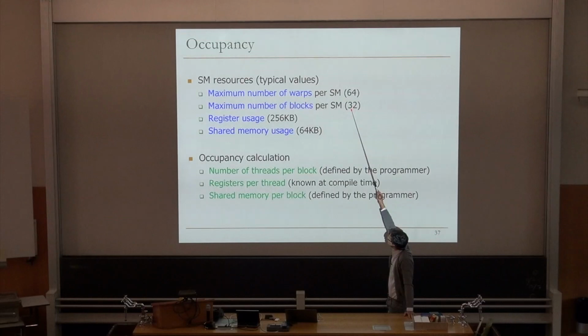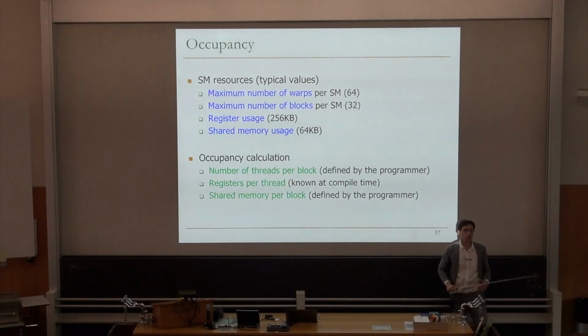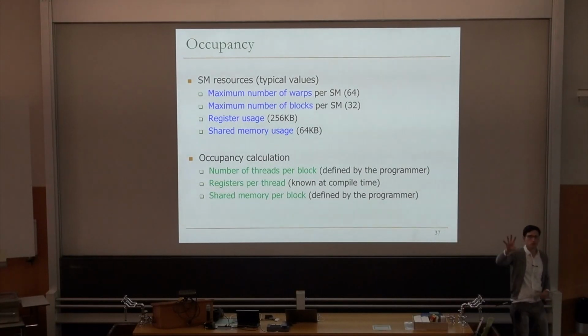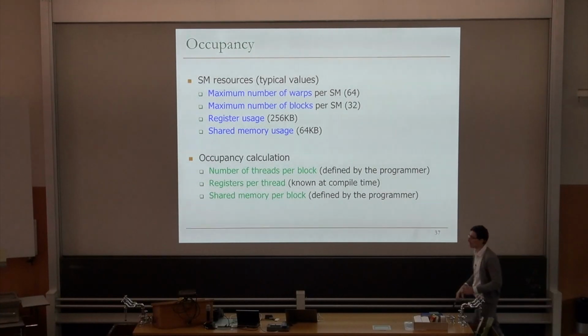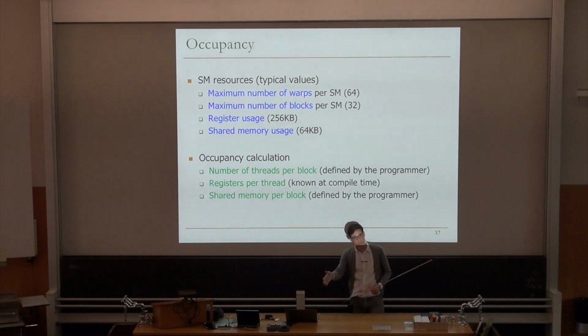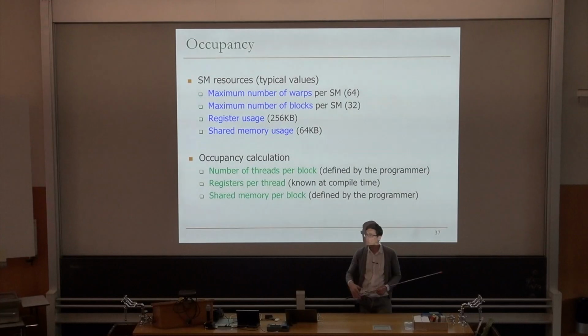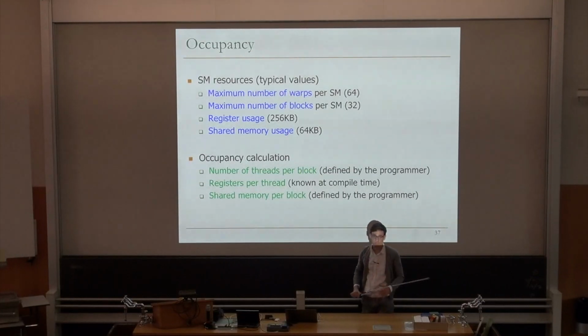For example, there is also a maximum for the number of blocks that can run in each SM. In the slide where we talk about the transparent scalability, you saw that each of the blocks was mapped onto a core. Actually, in each of the cores, we can have more than one block, and each of these blocks is decomposed into warps, and these warps are scheduled independently. And then we have some number of registers, and we have a certain size of the shared memory.